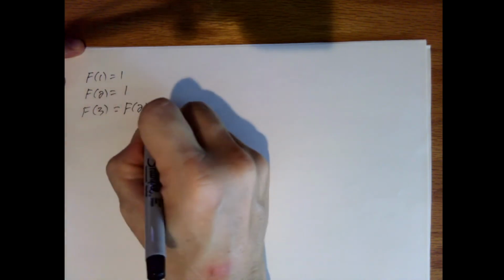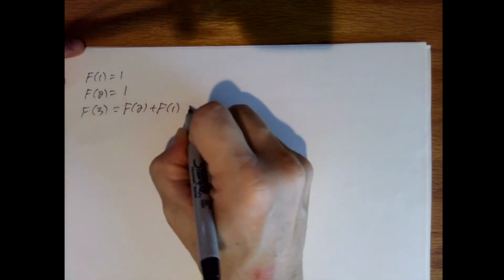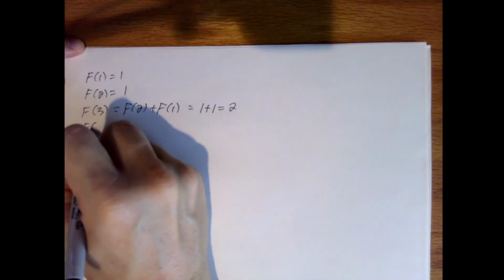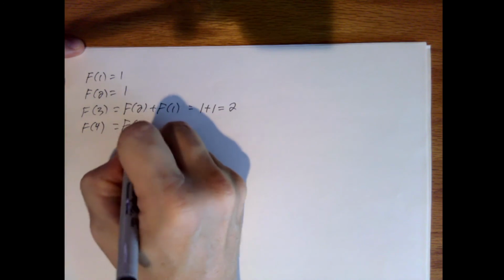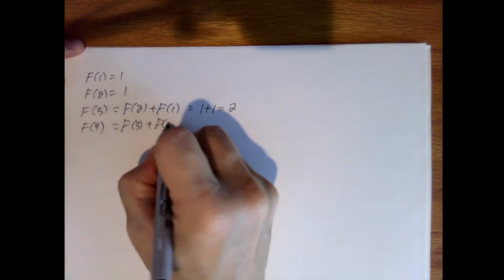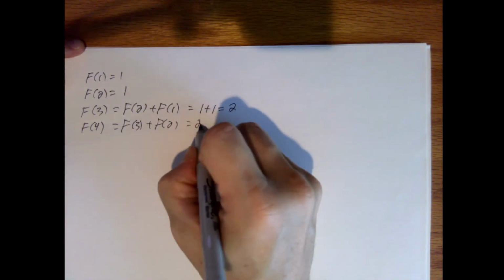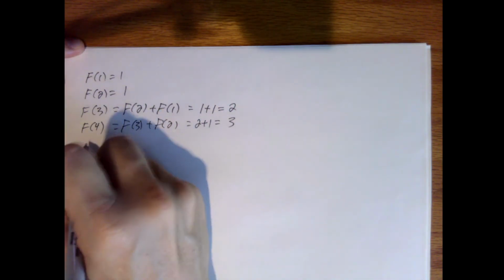So we had f of 1 was equal to 1, f of 2 is equal to 1. So f of 3 is equal to f of 2 plus f of 1, which is 1 plus 1 equals 2. F of 4 is equal to f of 3 plus f of 2, which is, f of 3 is this right here, the 2, so 2 plus 1 equals 3.